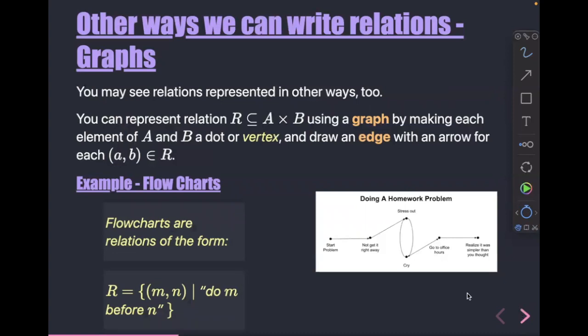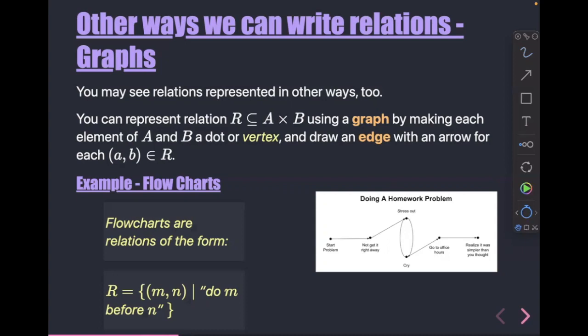You could make every element of A and B a dot or a vertex, and draw an edge with an arrow from each A to B. This is something I made doing a homework problem, where you have M and N and the relation is do M before N. I'm always going to do this thing first, and then this is the next thing I do. So this is actually a relation defining a flowchart.